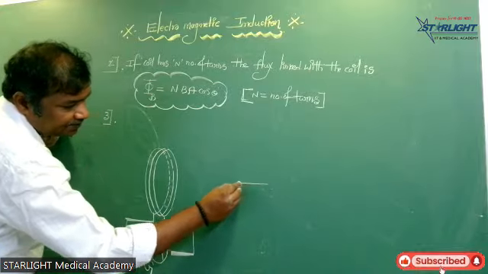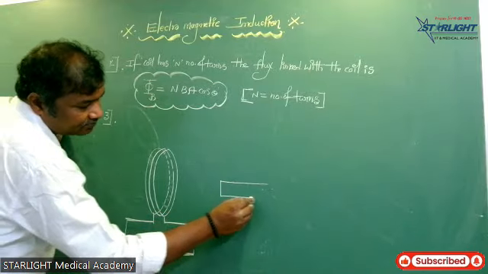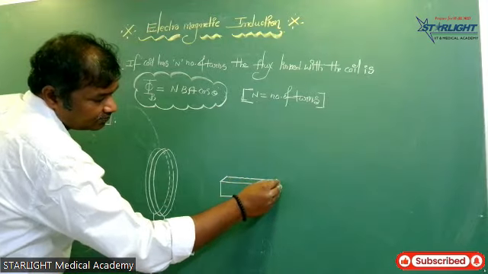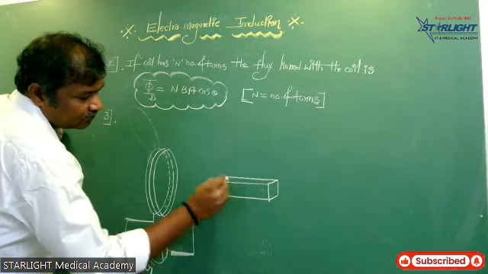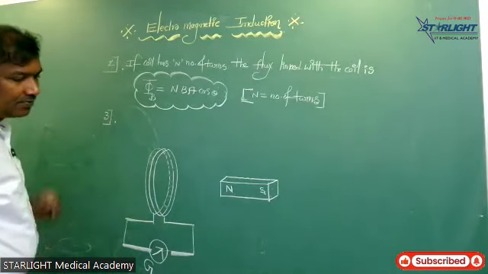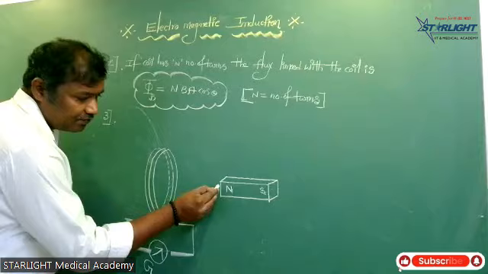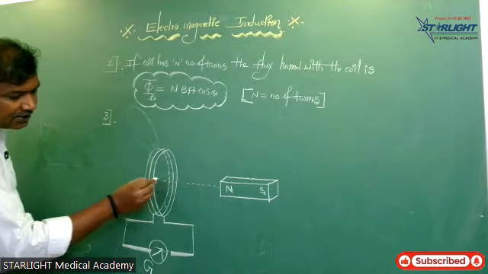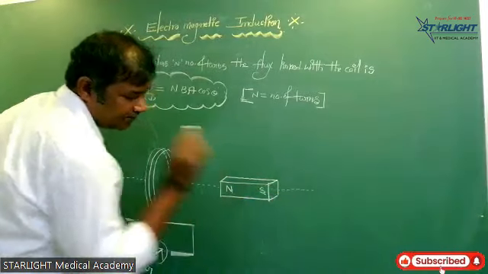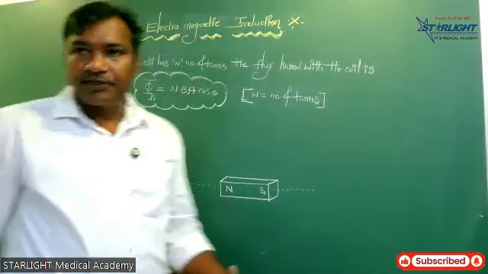It is a magnet, with north pole and south pole. When the magnet is passing towards the coil, what happens?